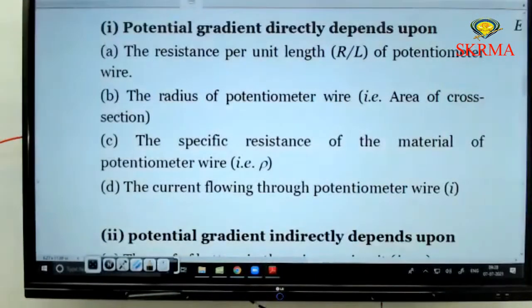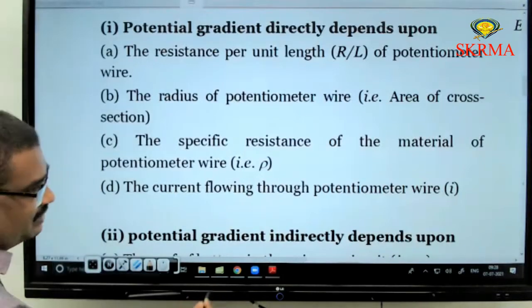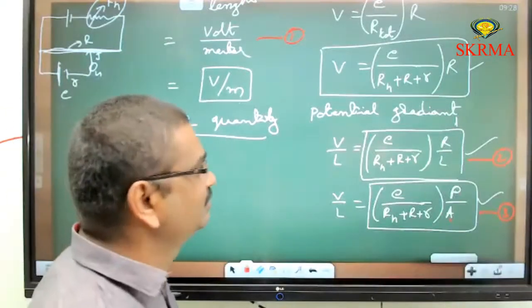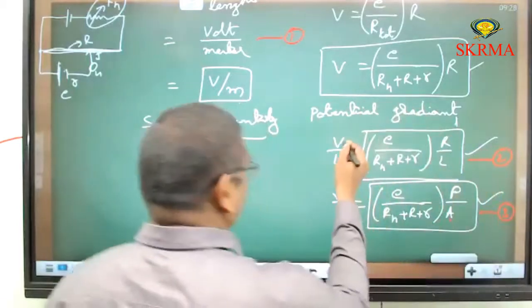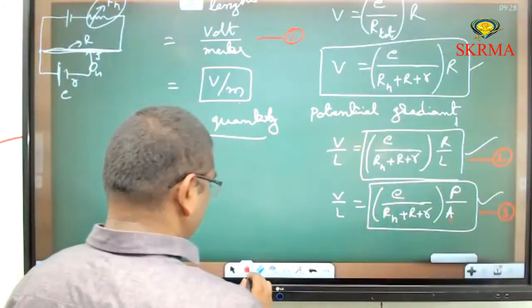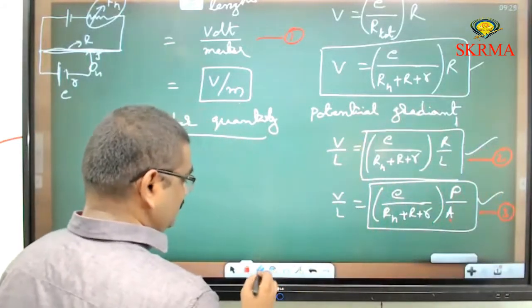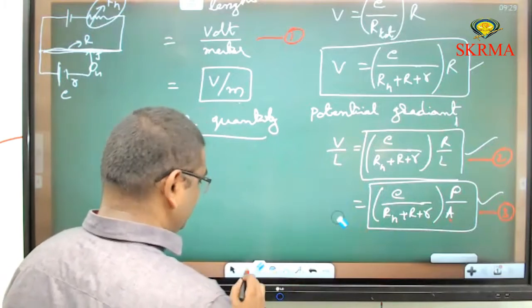Next, the current flowing through the potentiometer wire. It depends on the current flowing through the wire. Is it there or not? Current: V equals IR, so we can write V as I into R. So we can conclude that it depends on current also.